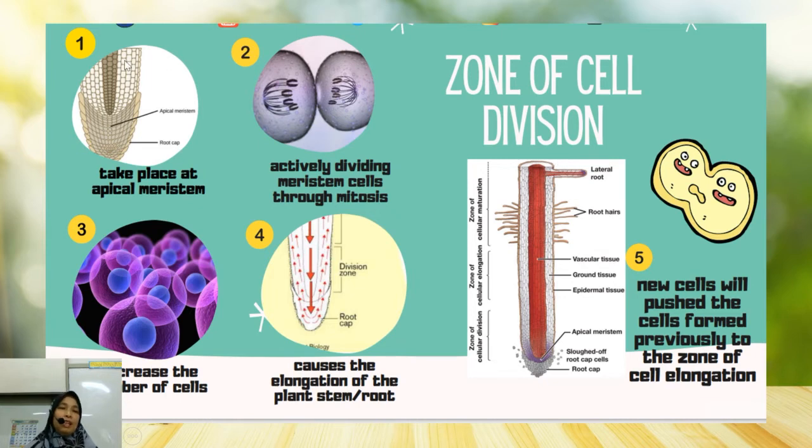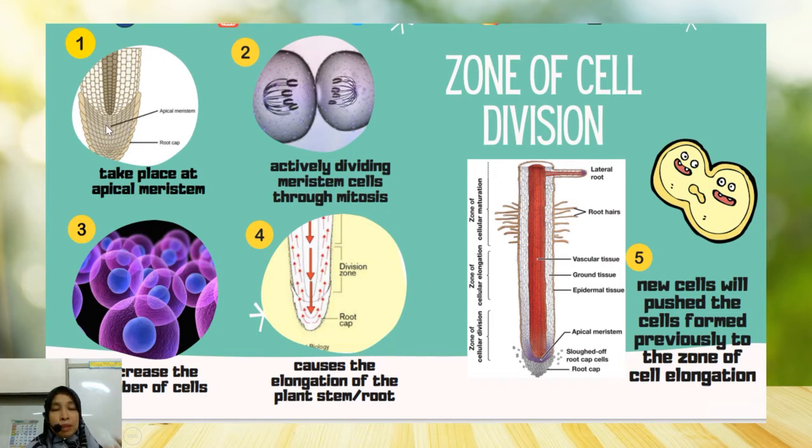What happens? Number one, cell division takes place at the apical meristem, at the root tip.